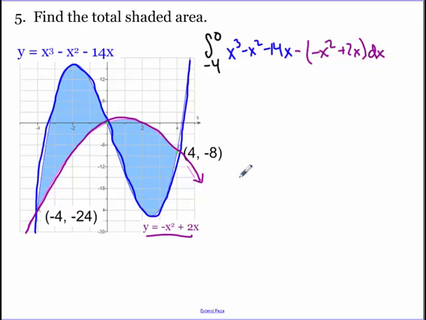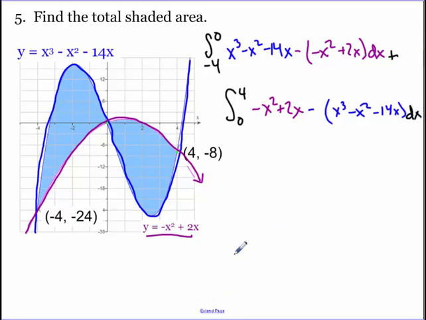Since these functions were both in terms of x, we're going to add to that the integral from 0 to 4. Now which function is the one that's above? The one that's above is negative x squared plus 2x, and we're going to subtract from that x cubed minus x squared minus 14x dx. Now that's just a bunch of algebra going through and finding each one of those integrals.